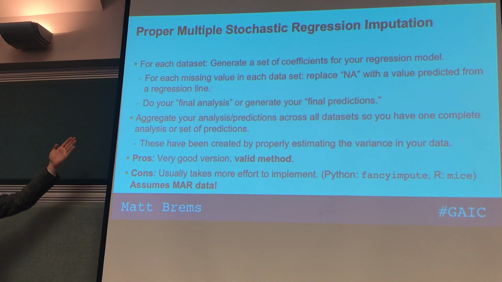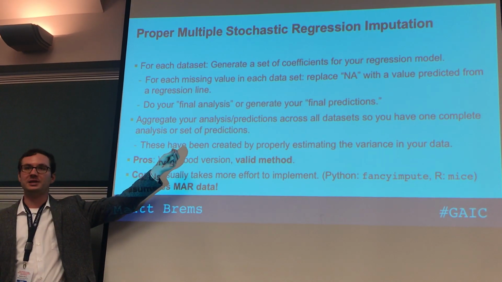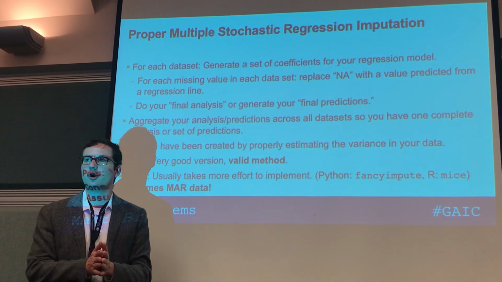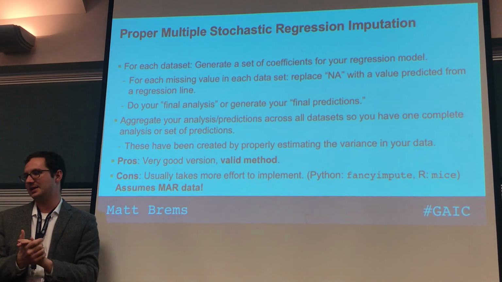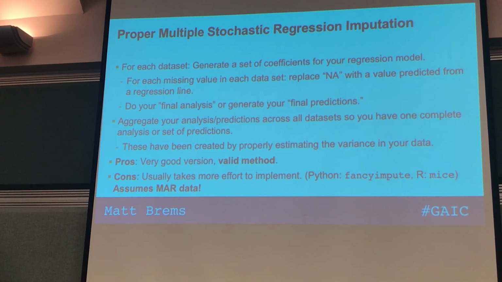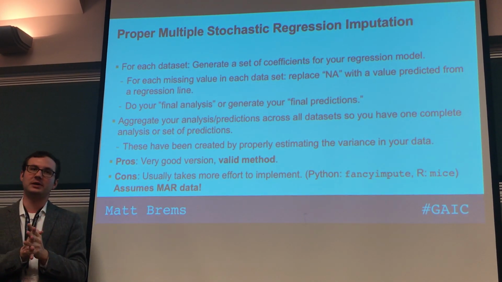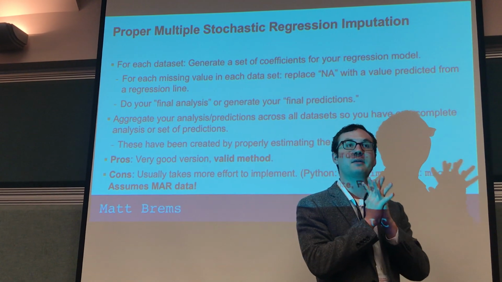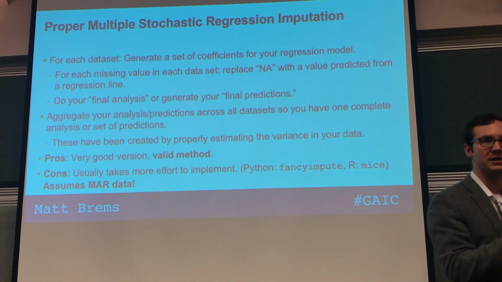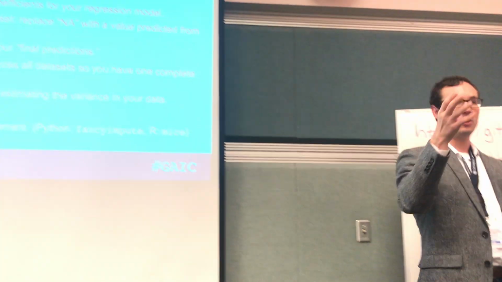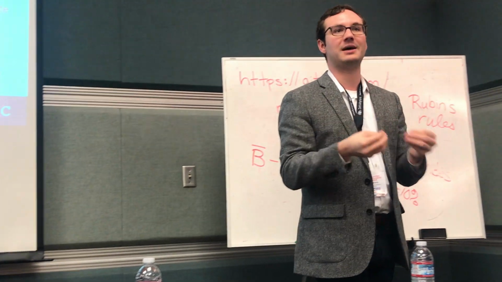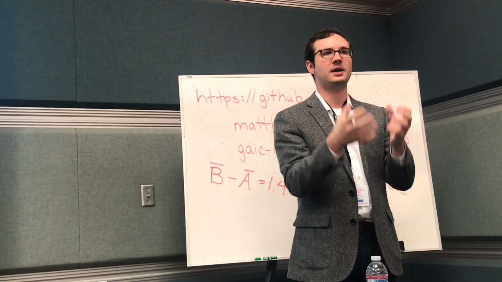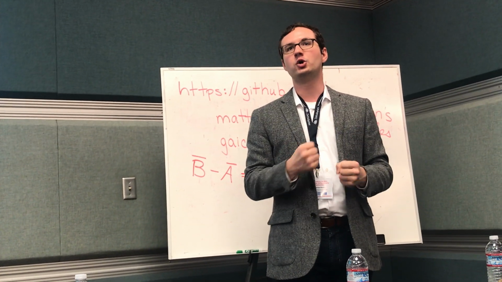You do your final analysis or generate your final predictions on each data set, and then you aggregate that analysis or aggregate those predictions over all 10 of those completed data sets. And these have been done by properly estimating the amount of variance in your data, because we properly estimated the amount of uncertainty we had in those values. And it's like what you were talking about earlier. Rather than just plugging in one value, this allows us to plug in a distribution of values and summarize our total understanding of what that value of NA could be.